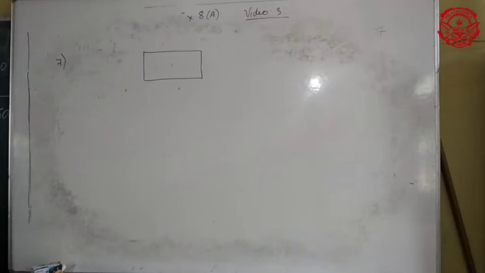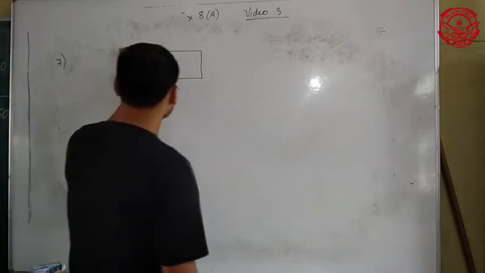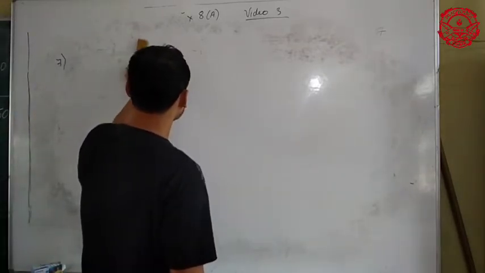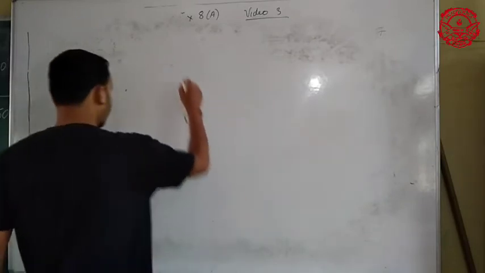The angles of a quadrilateral are in ratio 1 is to 2, and so on. Another quadrilateral will be like this.